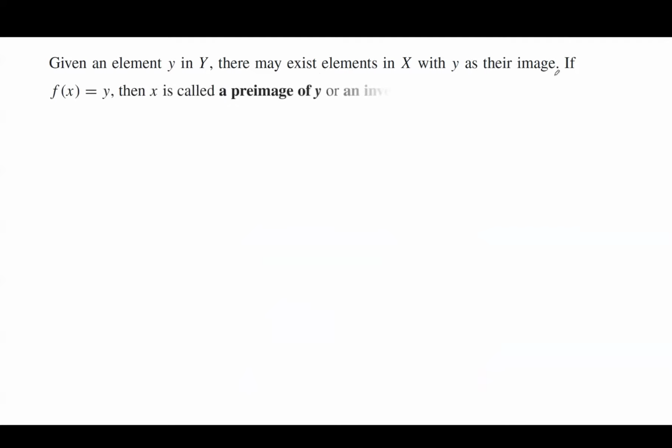Given an element like y in the second set, there may exist elements in X with y as their image. If f of x is equal to y, then x is called a pre-image of y, or an inverse image of y.